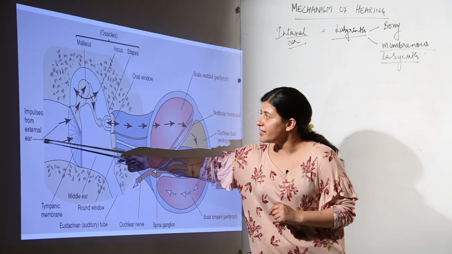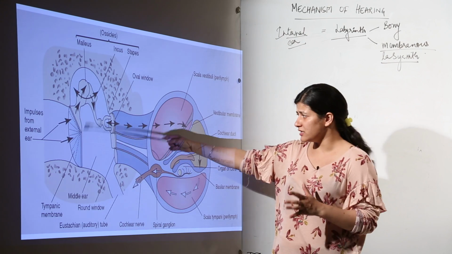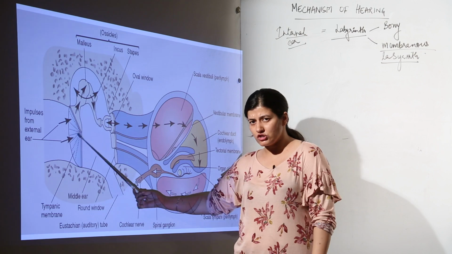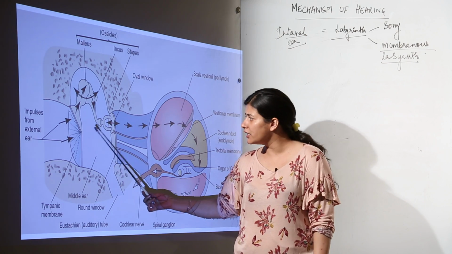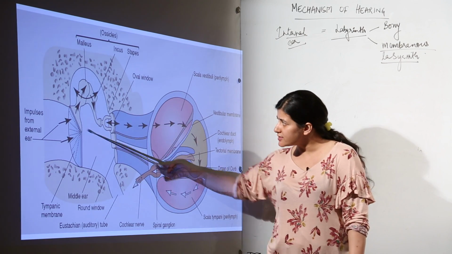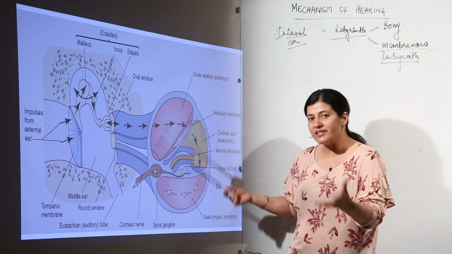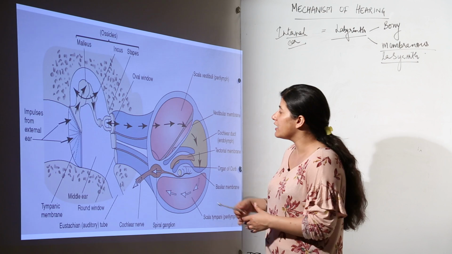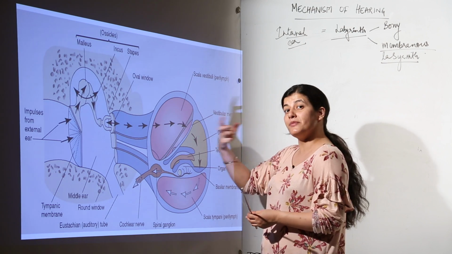Now see, impulses came, impulses won't be the right word, it would be vibration came. That vibration moved the eardrum of your ear, it went to the ossicles which further enhanced its vibration frequency, or you can say they were responsible for enhancing the vibration further.